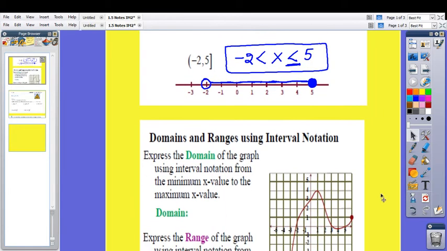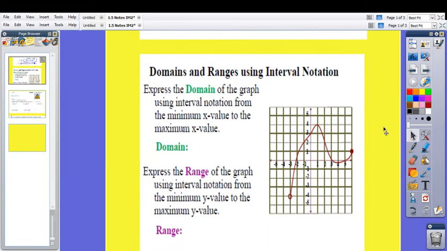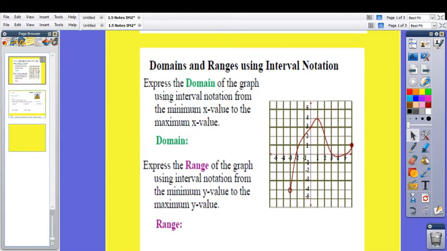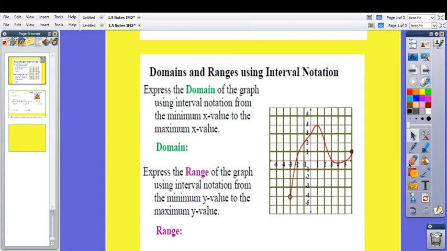Okay. Now let's practice how you will write down the domain and range using interval notation. Remember, domain in the graph is nothing but the x values.